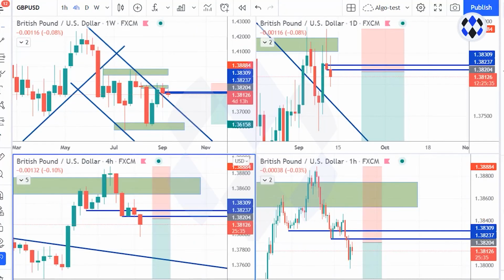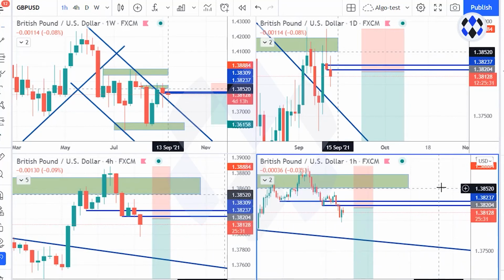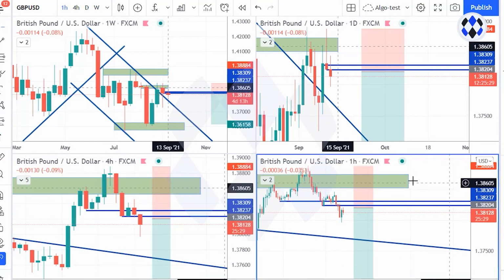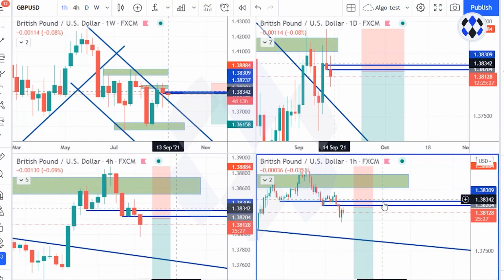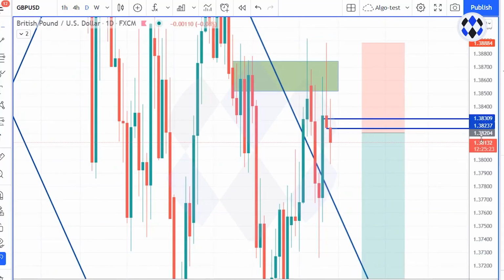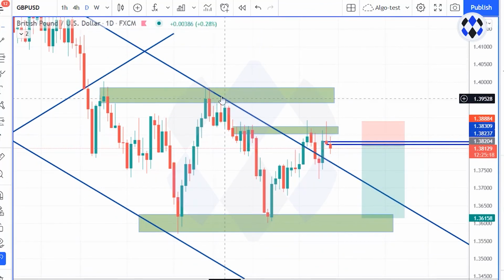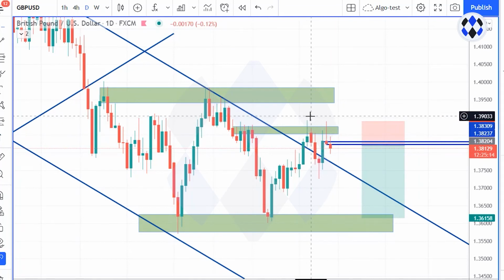Then we have the pound US here, also a short. Again, I am shorting currencies against the dollar right now. As you can see on the daily time frame, we have this area here, and we could have waited for the price to get up here, but I got some very hard resistance signs. First we had the candle here with a very large wick.